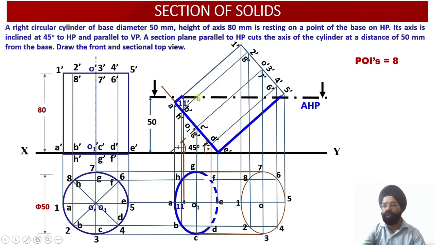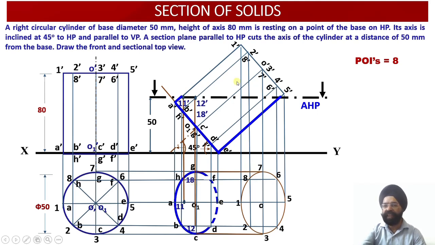Now work out the next 2 points over here. The next 2 points will be, as I have already told you, 2B and 8H. These are 2 generators which coincide with each other in the front view. So there are 2 points of intersection of the cutting plane with these 2 generators. Now from 12 dash and 18 dash, I will draw a vertical projector, and this vertical projector must meet 2 generators in the top view.